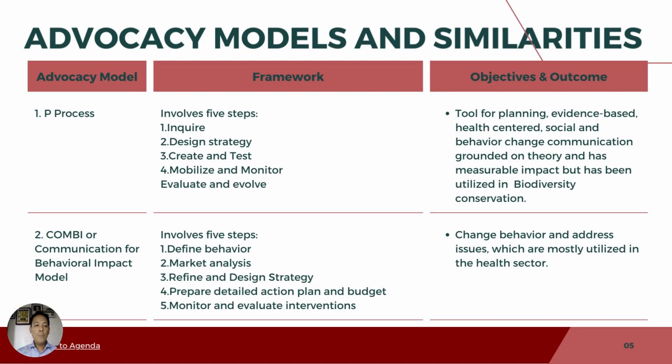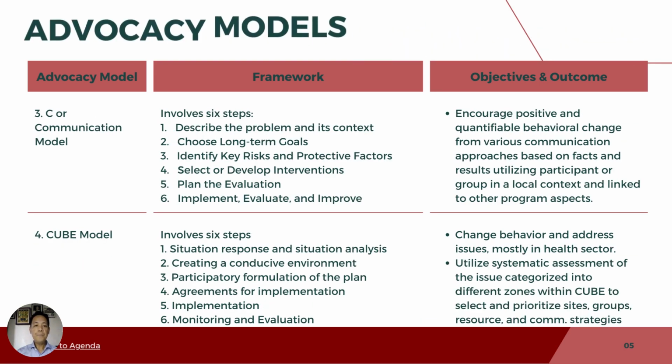The COMBI model also involves 5 steps, such as defining the behavior, market analysis, refining and designing strategy, and preparing the detailed action plan and budget, including monitoring and evaluation of the interventions. The objective for this model is also to change behavior and address relevant issues, and this has been widely used also in the health sector.